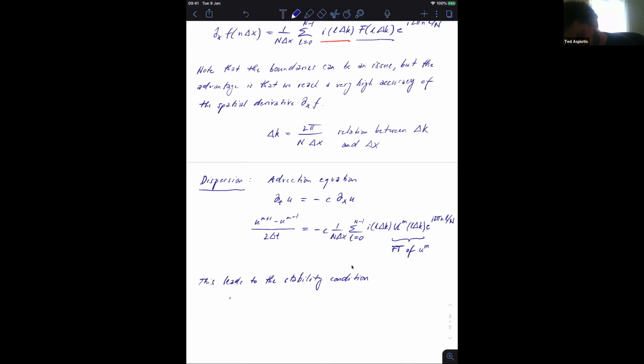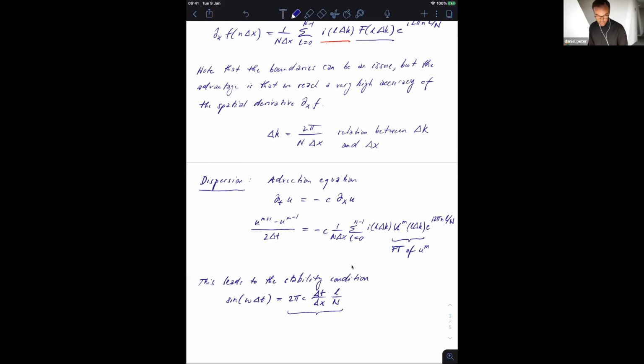And the stability condition we can see easily when we look at the sine of omega delta t, which is this factor 2 pi c delta t over delta x times L over n. And so the sine function has to be smaller than 1, which means this basically has to be smaller than 1. And that gives us now a condition on the time step.